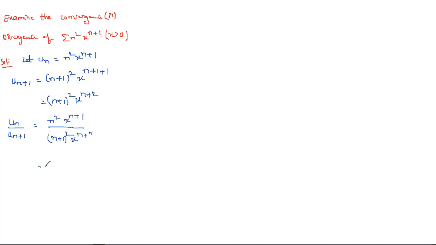So we have to simplify this. For simplifying, here we have n square into x power n plus 1, and in that you can take n as common. So if you take n as common, we have n into 1 plus 1 by n whole square, and we can write this as x power n plus 1 into x. N plus 2 I am writing as n plus 1 plus 1, and we can write it as x power n plus 1 into x.